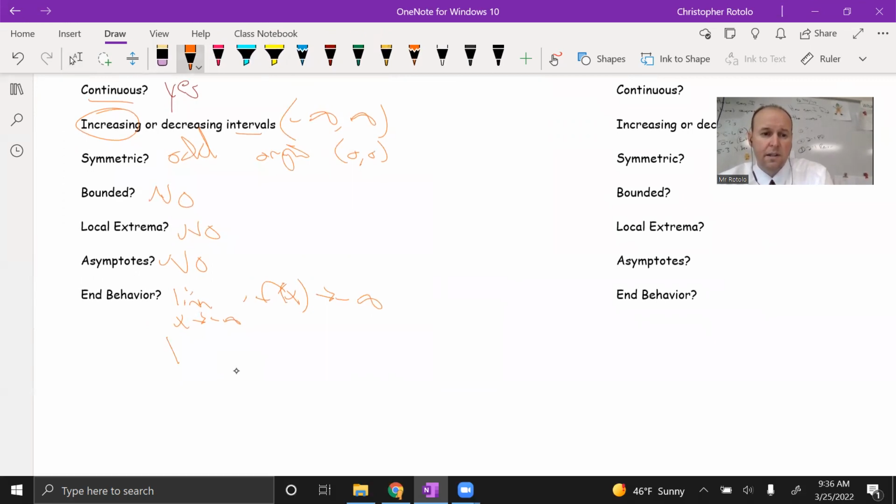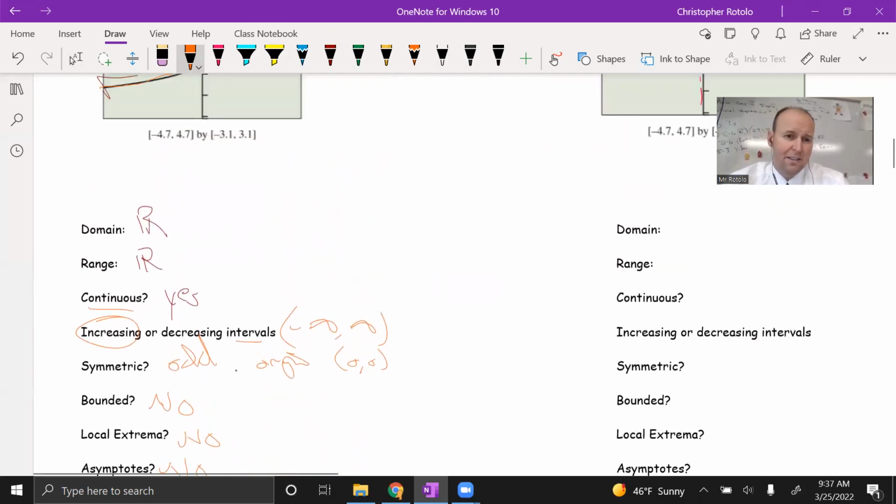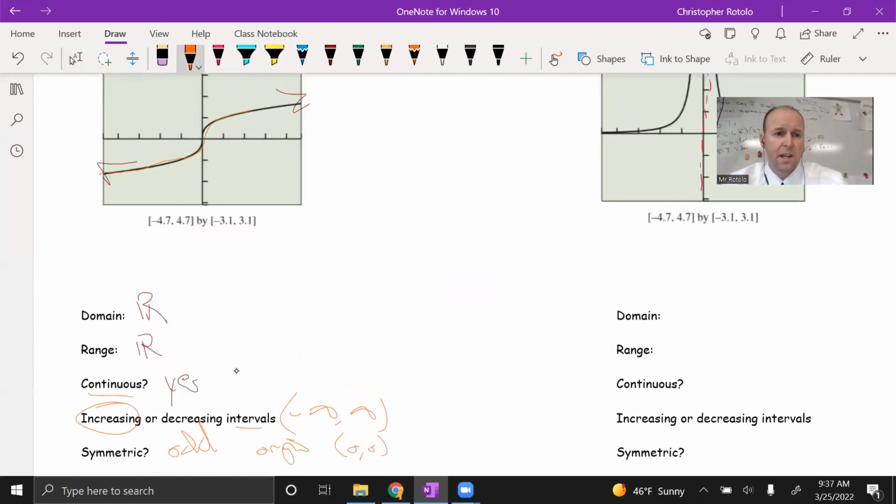And as x goes to the right, positive infinity, the function goes to infinity. So ideally, if we're shorthanding everything, we would say the end behavior is down, up, right, down, up. No big deal, don't have to deal with it.